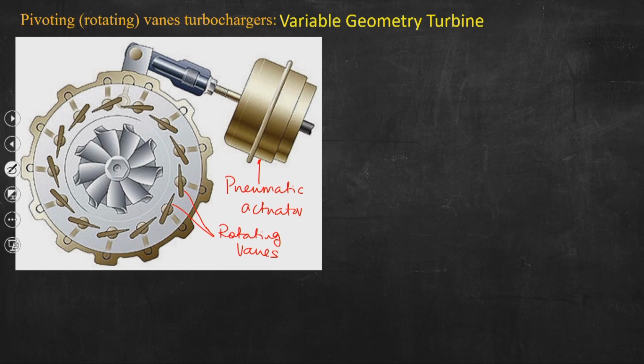These vents, which can rotate, are pivoted on the adjustable ring. You can see that these are the rings. This ring is adjustable, and we can tune the operation of the ring by this pneumatic actuator through this mechanical lever.